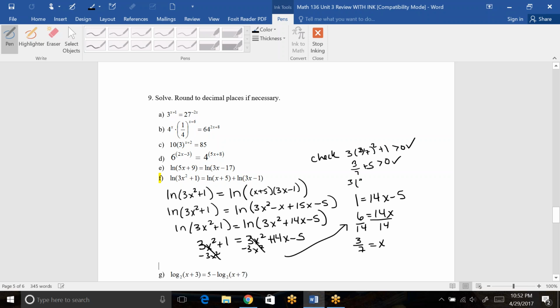And 3 times 3/7 minus 1, I'll need to double check that one, but that's 9 over 7, and that is bigger than 1 because 9 is divisible by 7 and still has a remainder. So that would be greater than 0 as well. So since all of them keep the logs insides greater than 0, the answer is good. If any of those had turned out negative, we would X out the answer and say no solution.